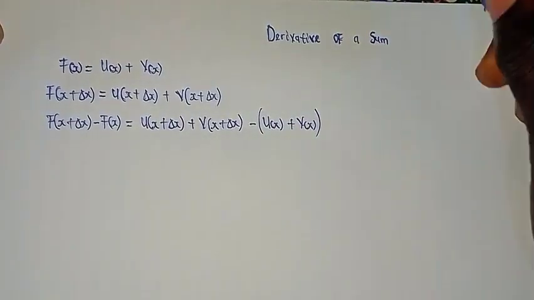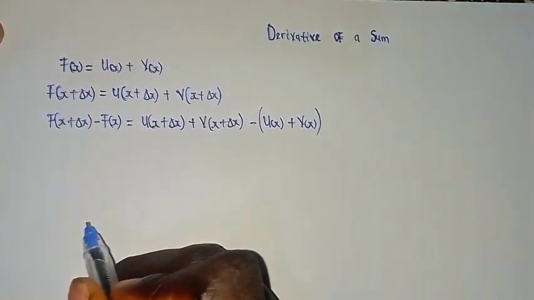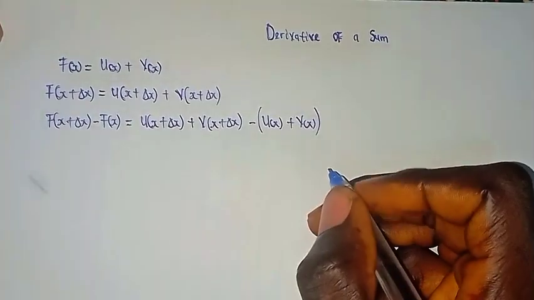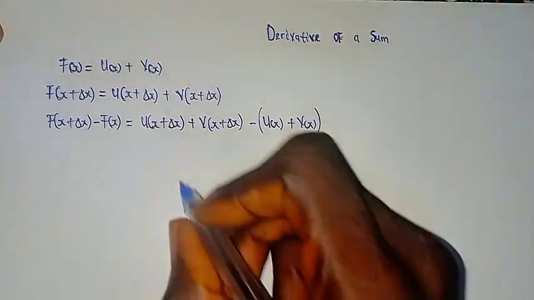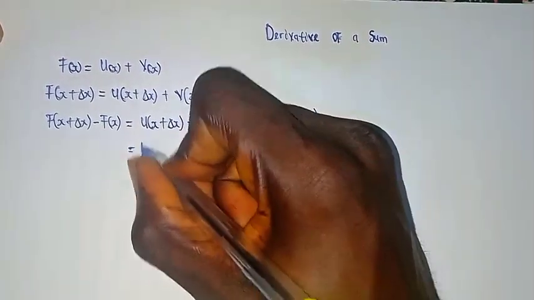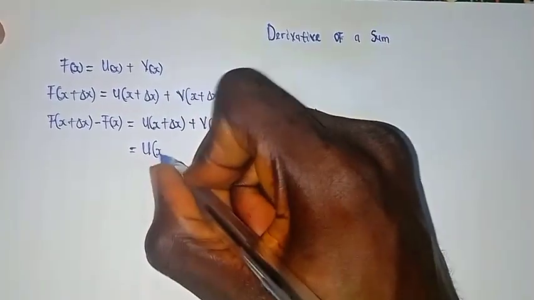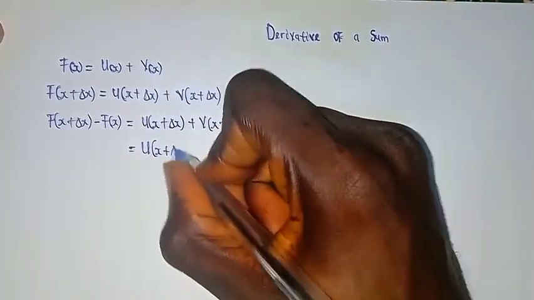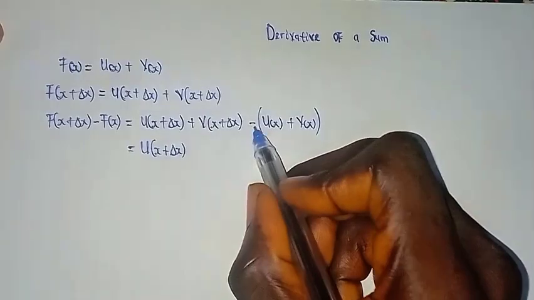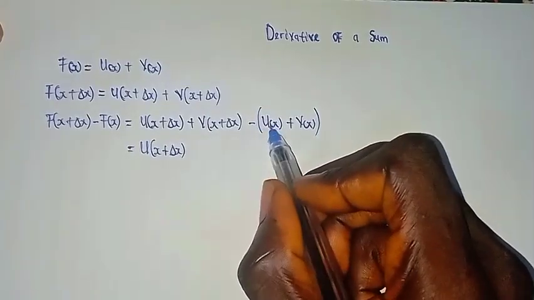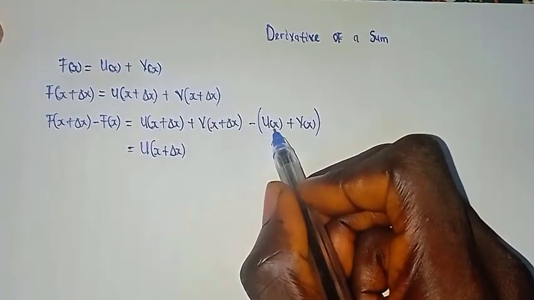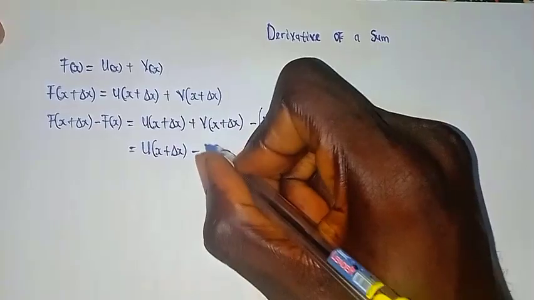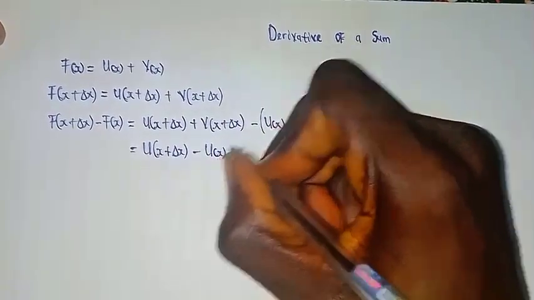So now let's collect like terms for our right hand side. So this becomes u of x plus delta x. Now if we open this bracket, minus will multiply this and it becomes minus u of x.